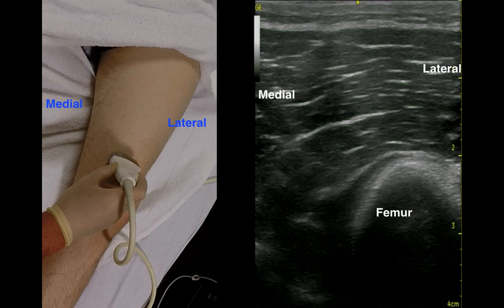These are simultaneously recorded videos of the ultrasound image and transducer position used to attain the image plane between the vastus medialis and the sartorius muscles. Starting at the superior pole of the patella over the vastus medialis muscle, the transducer is moved medial and posterior.